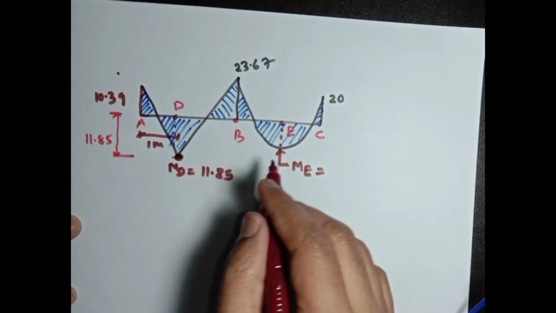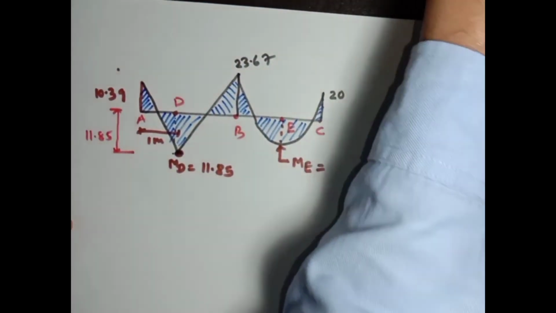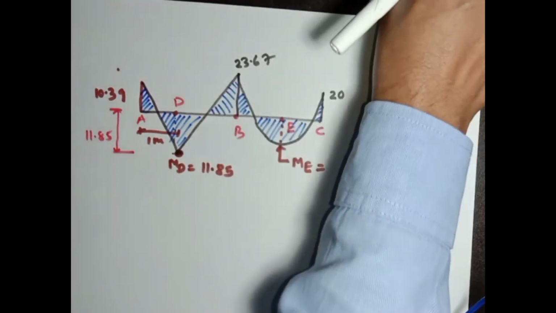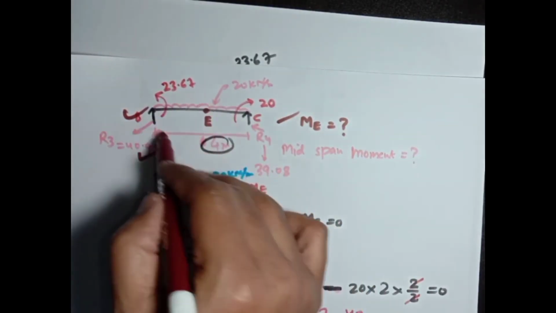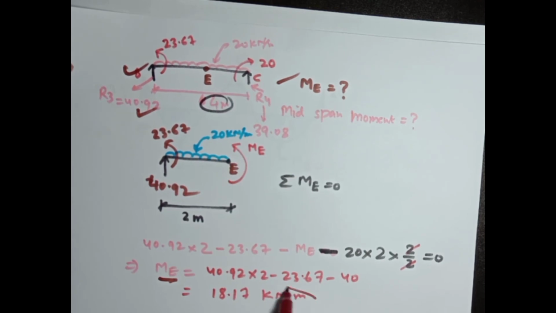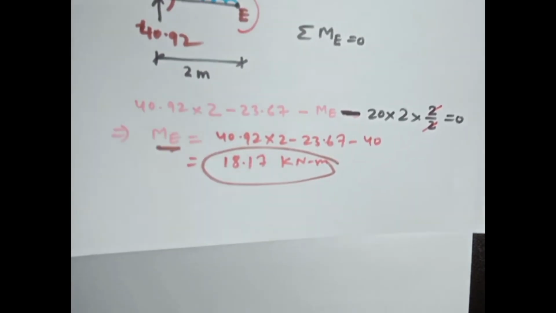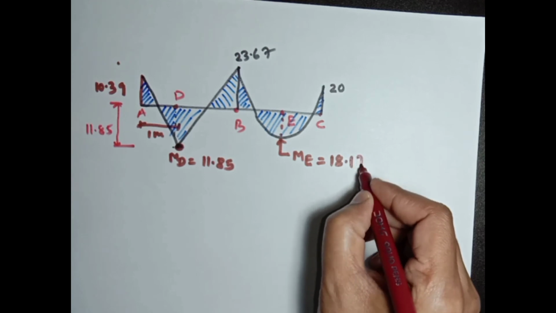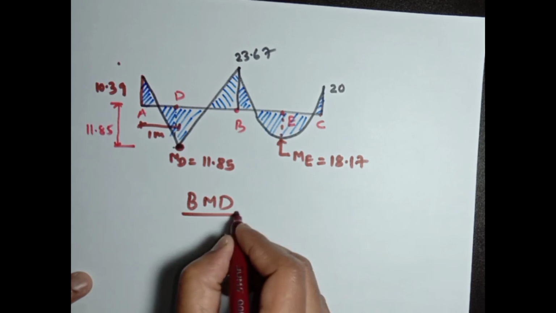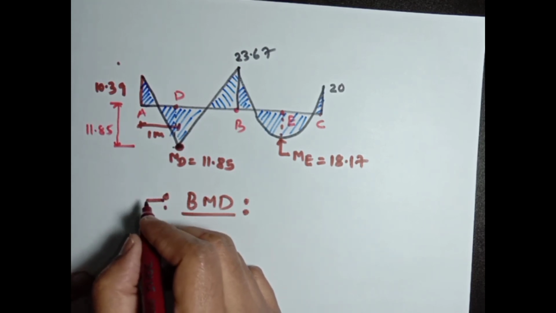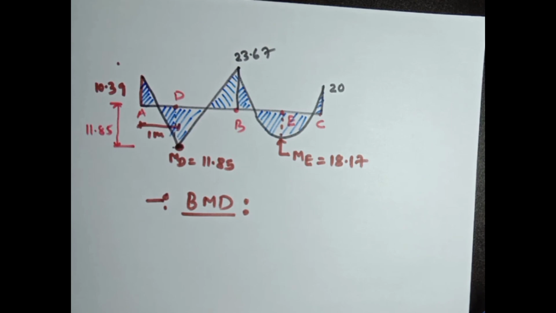Span moment we have calculated here: we have analyzed the beam BC with this loading diagram and calculated ME as 18.17. So 18.17 is the bending moment. So this is the BMD. This is the bending moment diagram for this two-span continuous beam having an overhang.